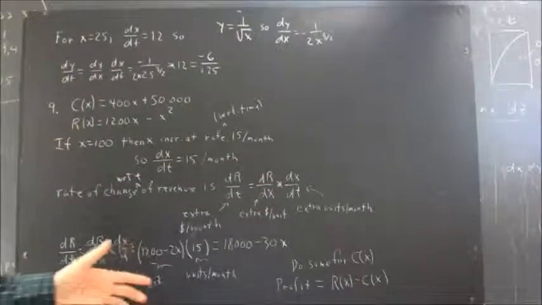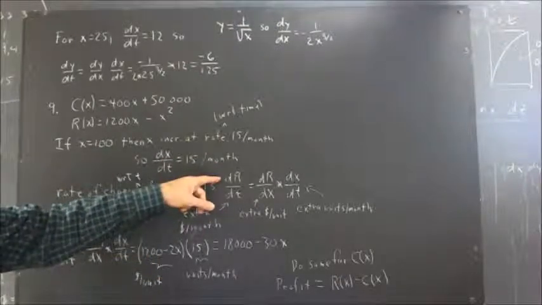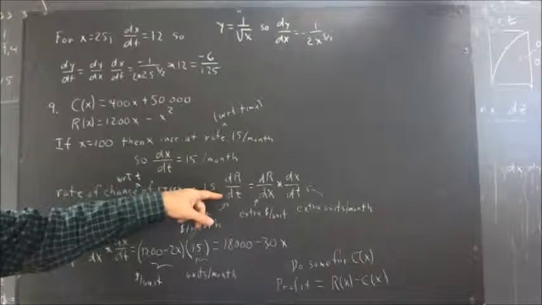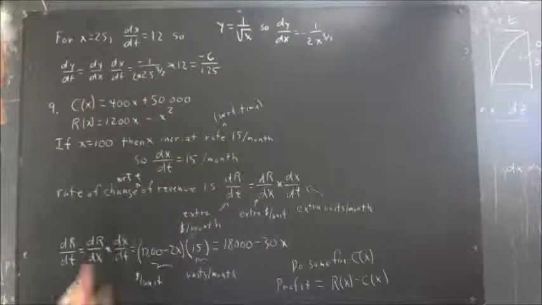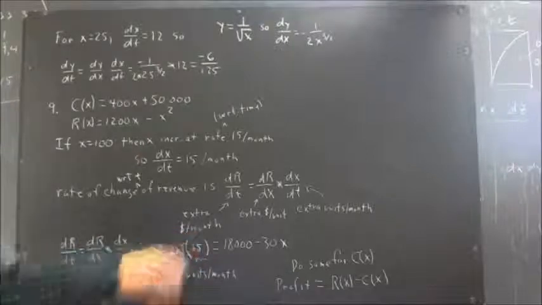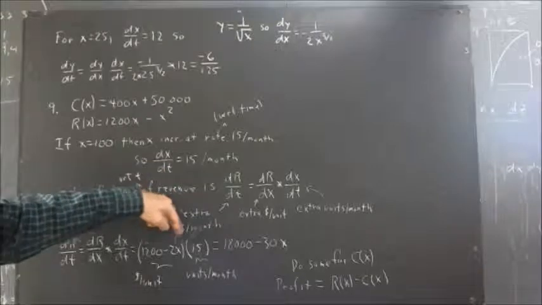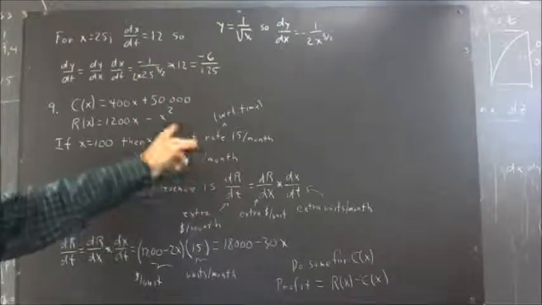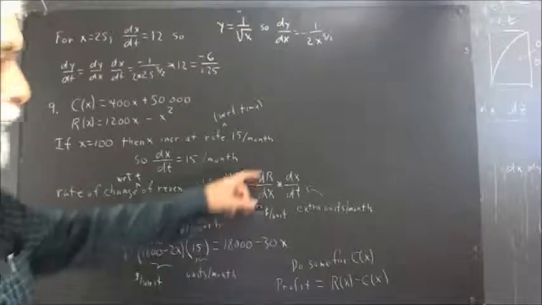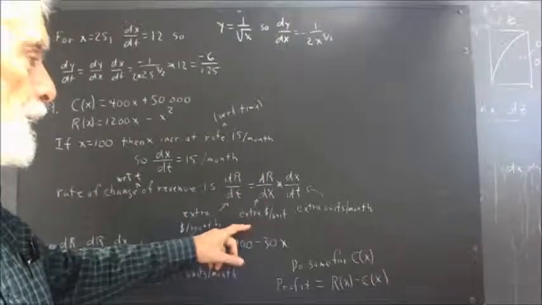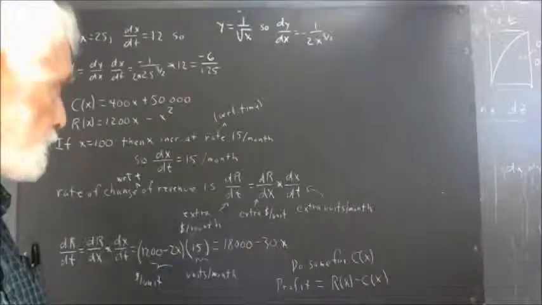The interpretation is this: dR/dt, well, R is revenue, that's in dollars. Divide that by dt, you're dividing the number of dollars by the time that passes. And that is interpreted as the extra number of dollars per month in this case, because our time is going to be measured in months. dR/dx is the extra number of dollars you get per unit.